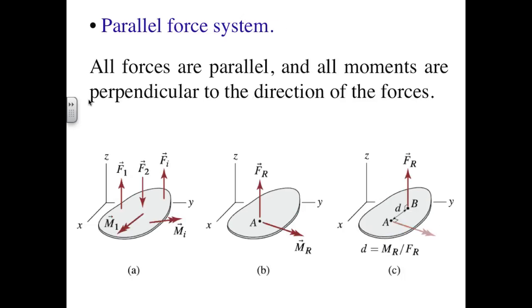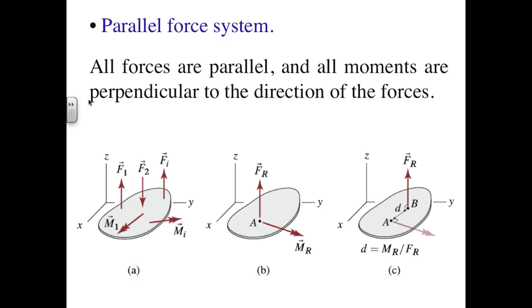The last special force system is the parallel force system. This is similar to the coplanar force system with the directions of forces and moments reversed. Here the forces are all in one direction, let's say the z direction, and all the moments lie in the xy plane. Again, the first step is to pick a reference point somewhere on the body and to find the resultant force and moment at that location.